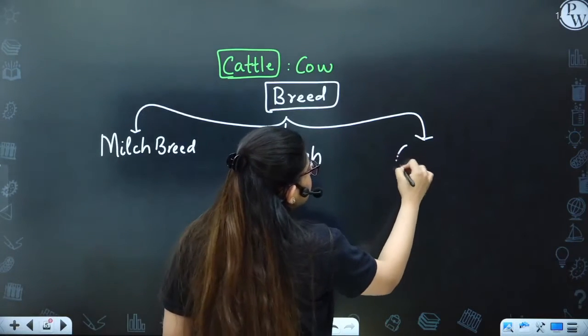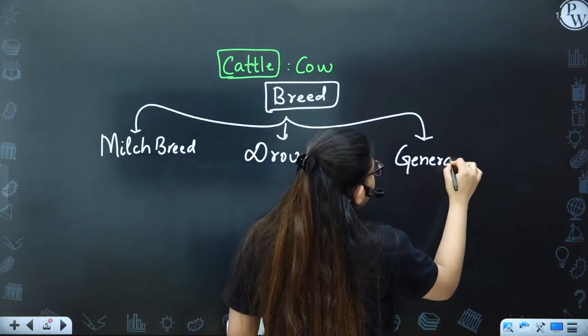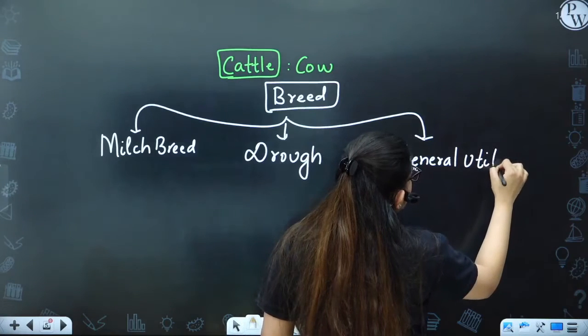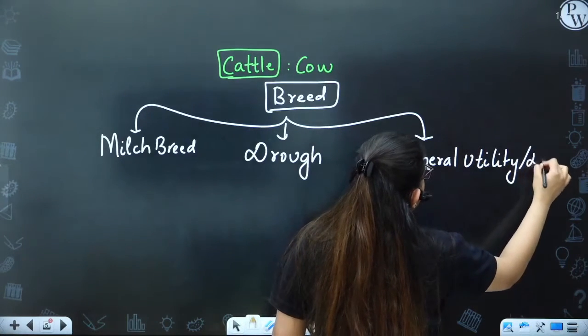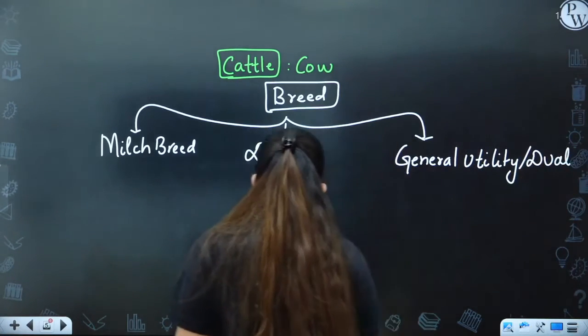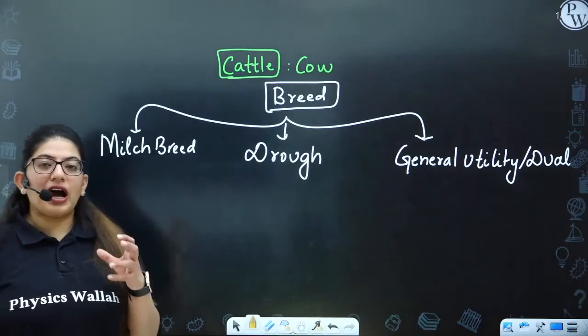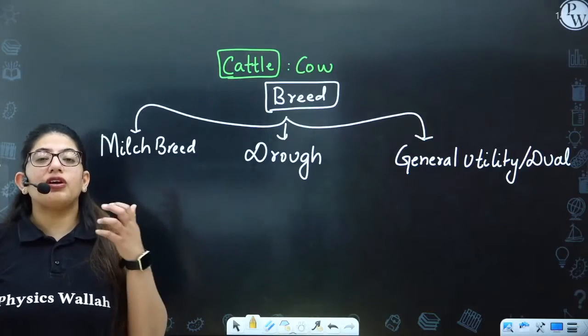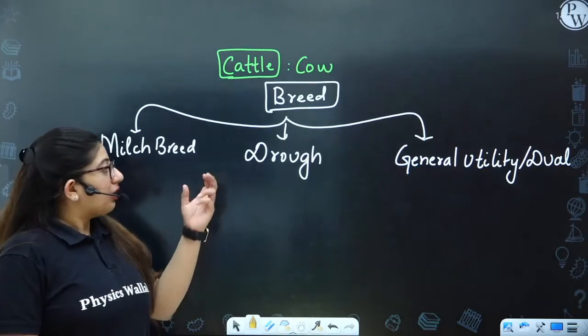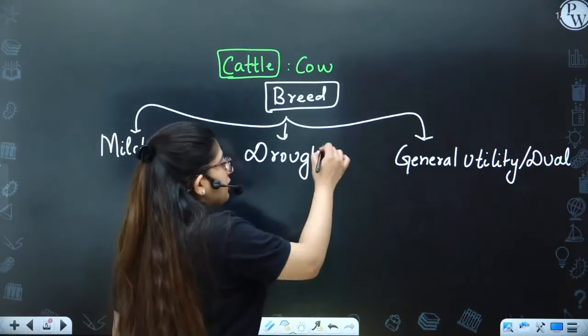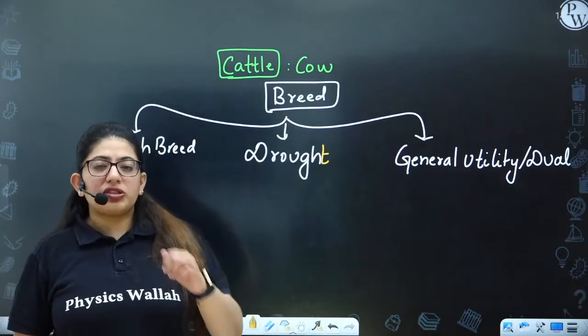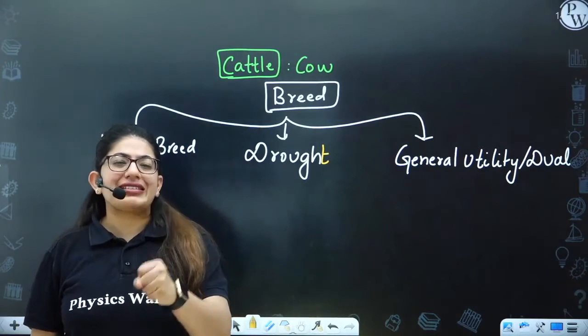And the last is general utility, which you also call dual breed. The milch breeds are those varieties of cow which have high lactation power. They give a lot of milk per lactation. Whereas draught breeds are very sturdy and disease resistant.